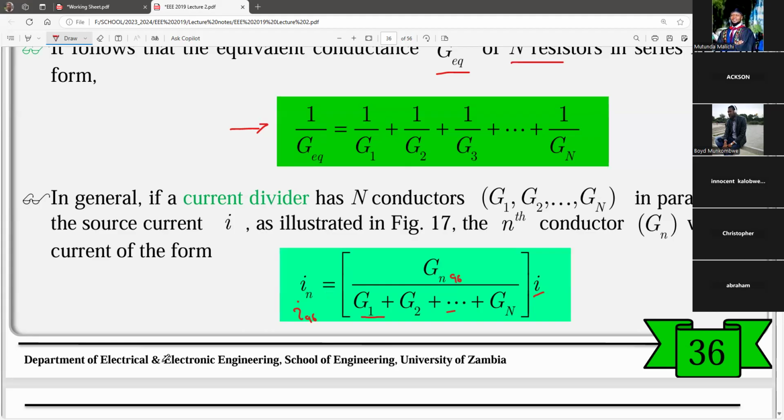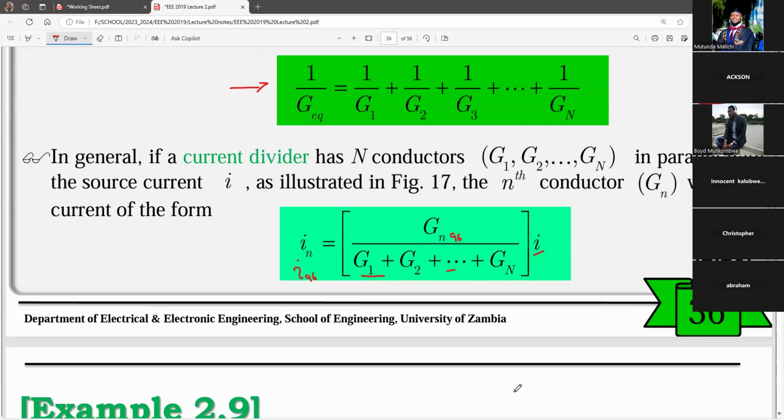Or if you don't want to use conductances, the current In of the nth resistor, for example if you have R1, R2, R3, let's say you have those three resistors, then as the numerator, if you are to use resistance, it should be the equivalent resistance of those resistors excluding the resistor you are considering itself.